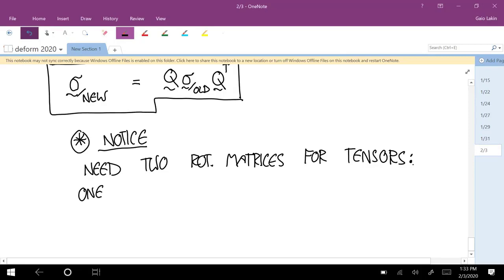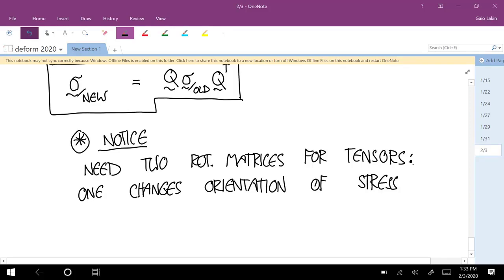One changes the orientation of the stress cube, or the axes, which means the same thing.